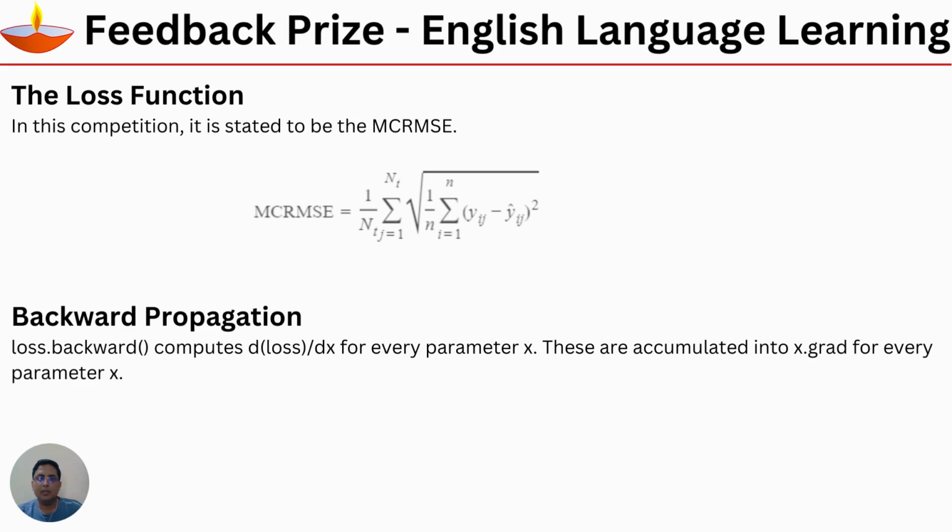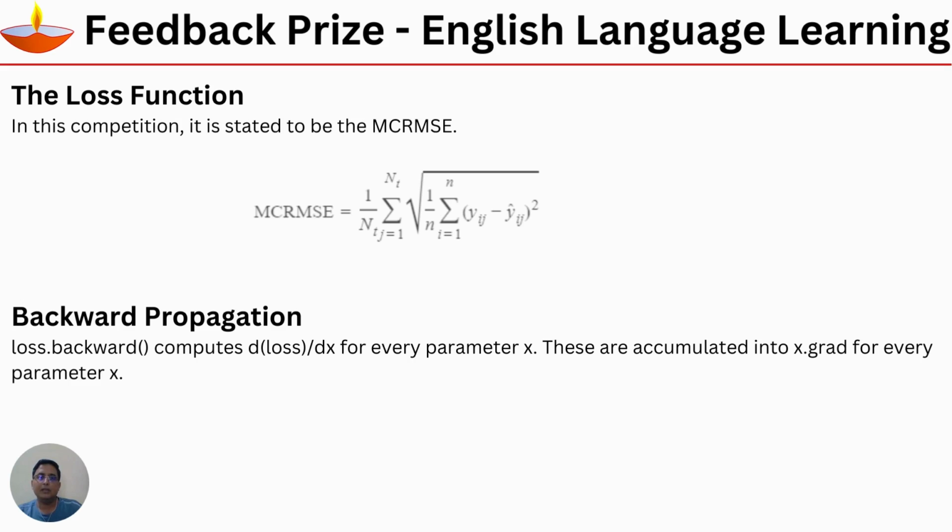The term in the bracket is (y_ij minus y-hat_ij) squared, and then we take a summation of it for all the items in the dataset for that particular column. We then take a mean of it and then the square root of it. So this essentially gives us the root mean squared error. So that's the expression for our RMSE.